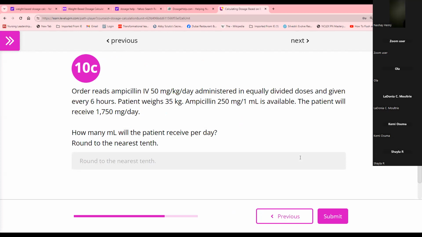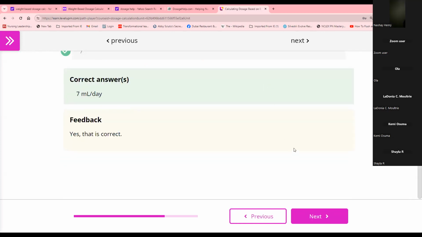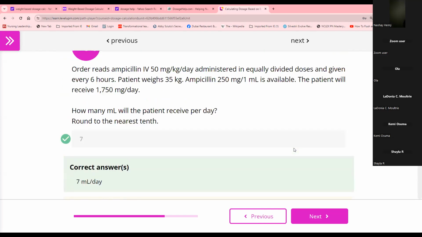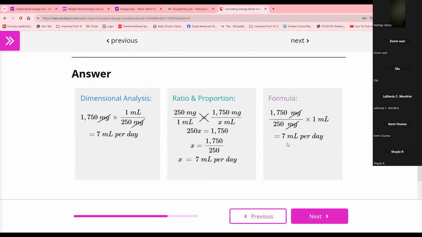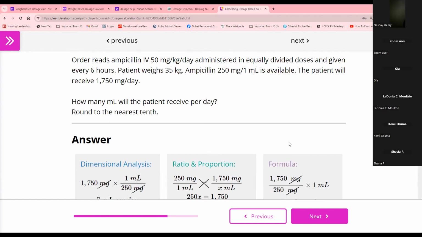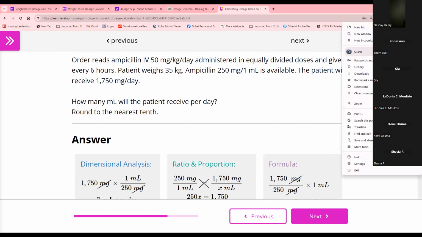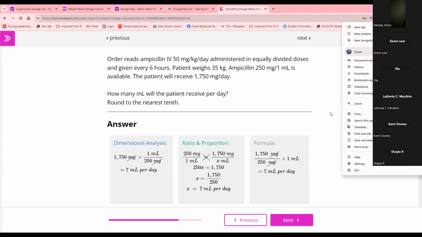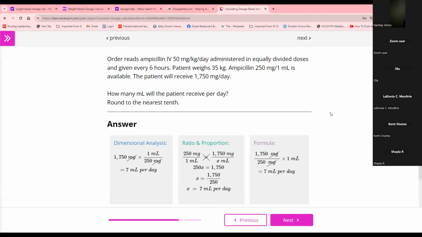Seven mLs. Great job. There's your math. Can you pull the question down again? Can you scroll down? Yeah, there you go. Thanks. Can you see everything in the picture, or do I need to make it a little smaller? No, hold on. That's what you're trying to do, get everything in one picture? Yeah. Right there, thank you.